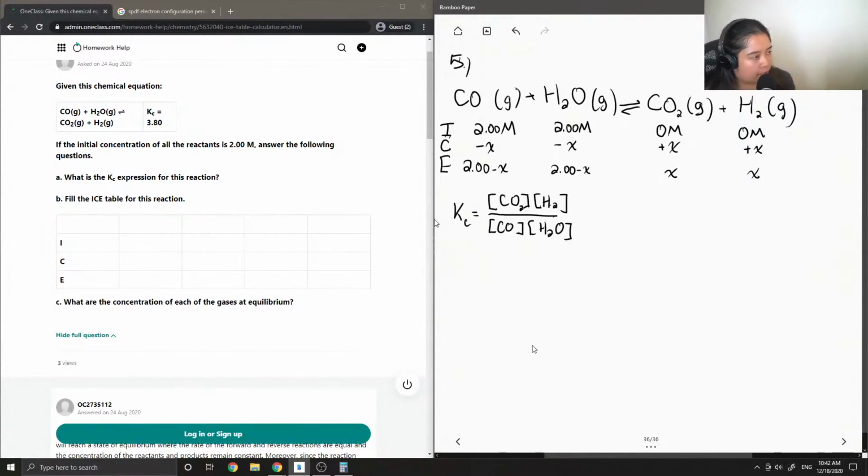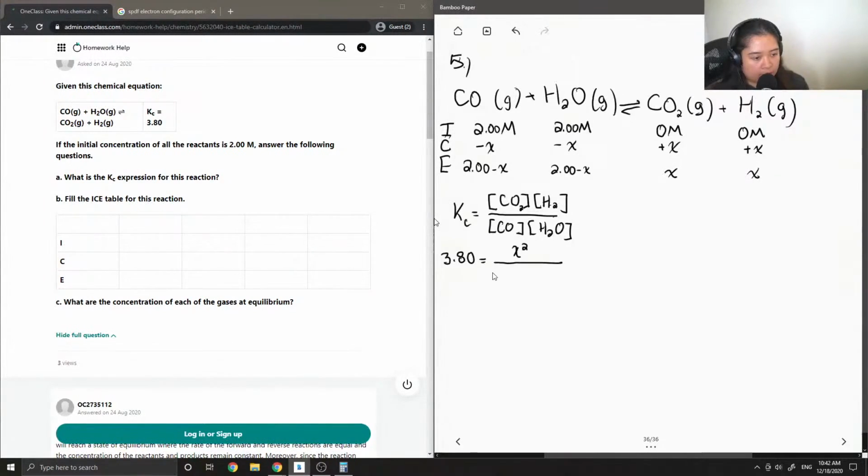So the question gave us the Kc value, which is 3.80. And instead of writing the concentrations, I'm going to write the expressions we found for all of them from the previous ice table. So if the concentrations of CO2 and H2 both equal x, when you multiply them together, you get x squared.